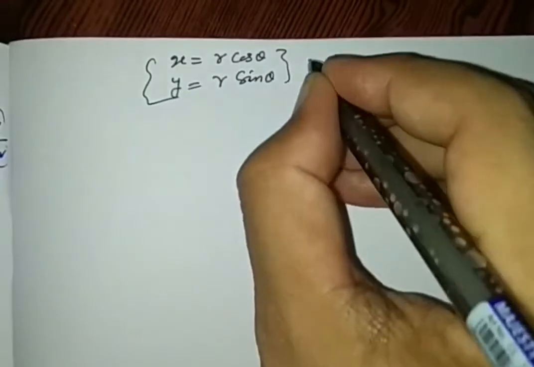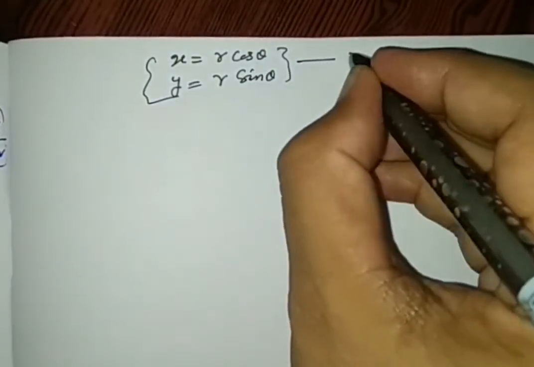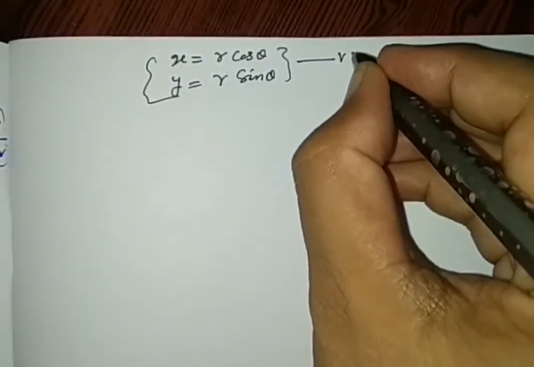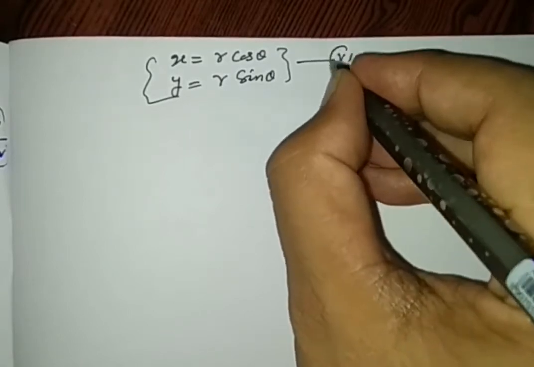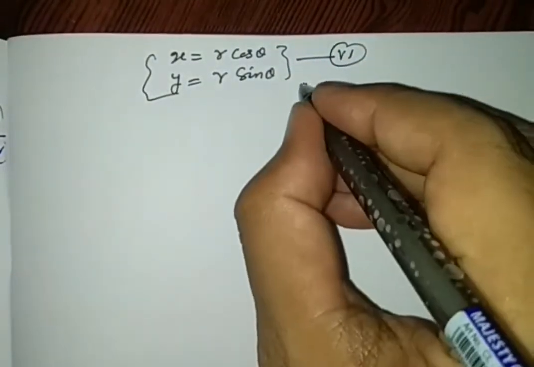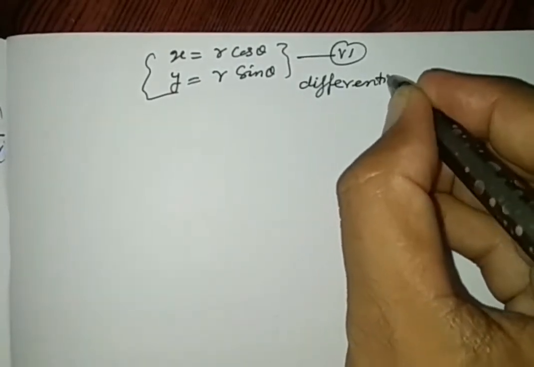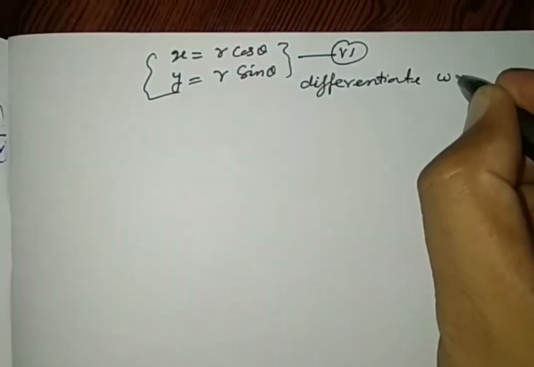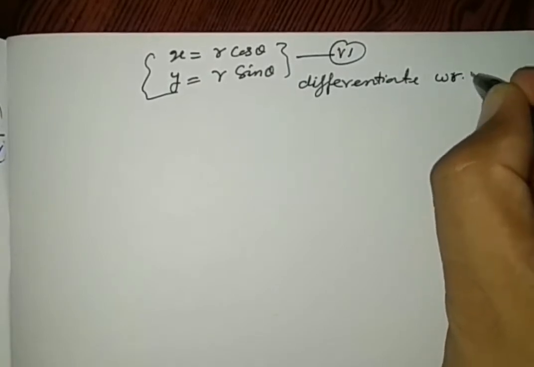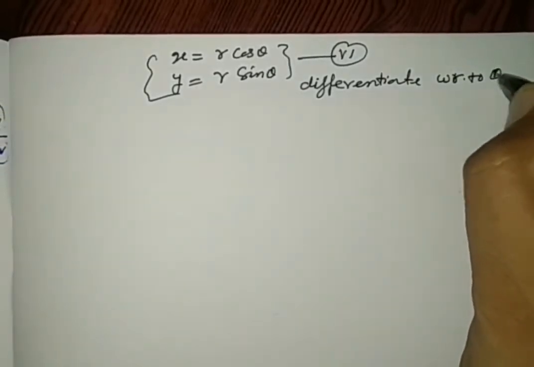Let these be equation number 6. We are going to differentiate it with respect to theta.